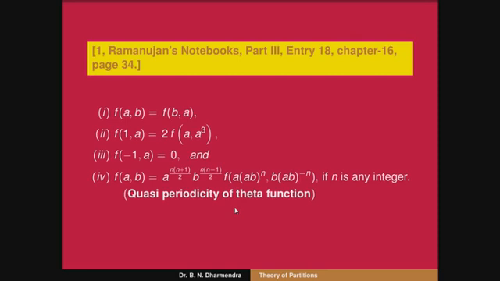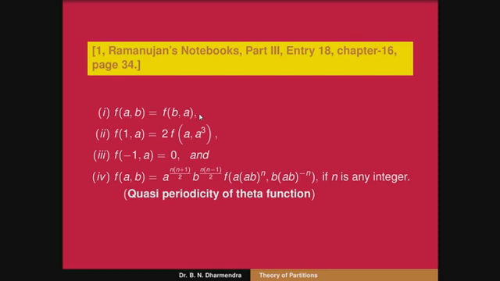These results we can prove by taking equation 1, the infinite series, which also shows that f(a,b) is equal to f(b,a). Secondly, it can also be proved by equation 2, the infinite product, in terms of the Jacobi triple product identity with three terms.